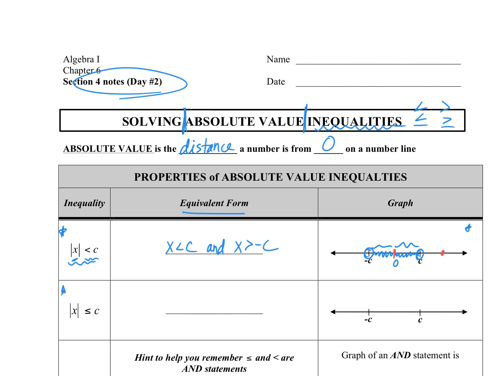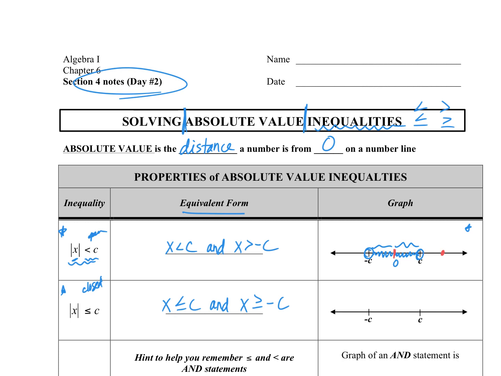So now take a look at the second one. That says the absolute value of x is less than or equal to c. So the only difference in that is my inequality sign. This is an open circle, and this is going to be a closed circle. But this is still saying that my distance would be less than or equal to c, smaller than c, and also x is going to be greater than or equal to negative c.